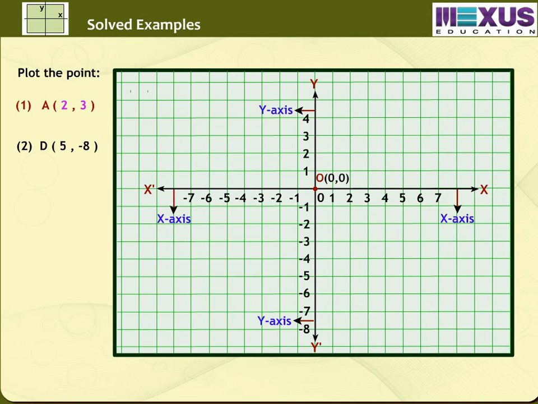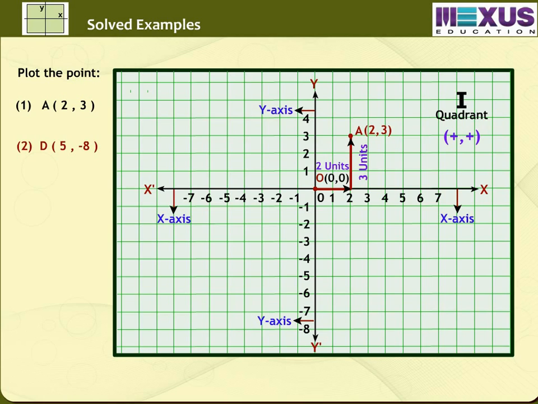Hence the point A (2, 3) lies in quadrant 1. Start at the origin, move 2 units to the right along the x-axis. Then turn and move 3 units up, parallel to the y-axis, and mark the point A (2, 3).